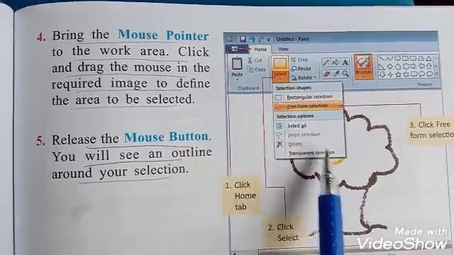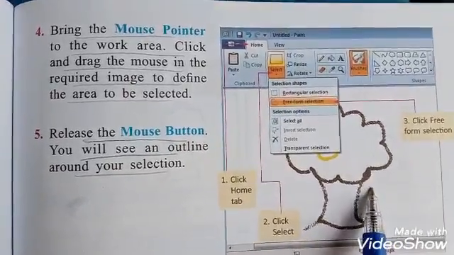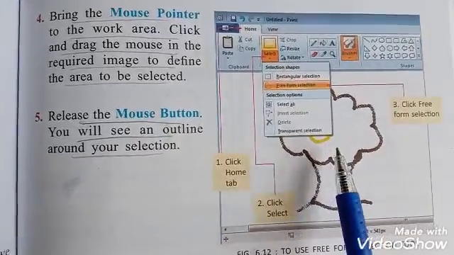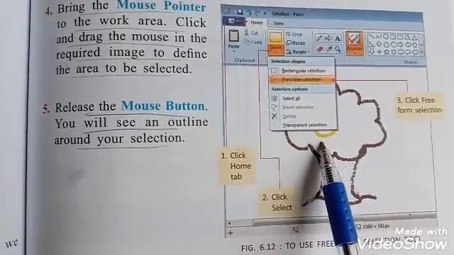Click this button and bring the mouse pointer to the working area. Click and drag the mouse in the required image to define the area to be selected.